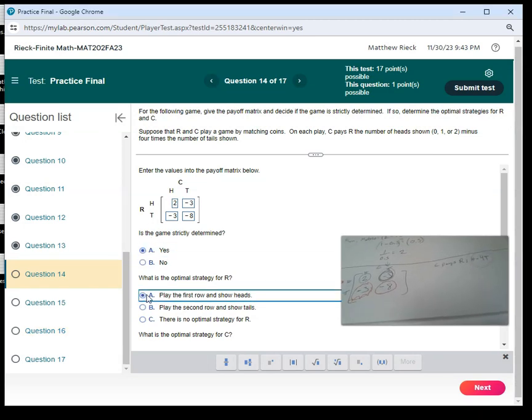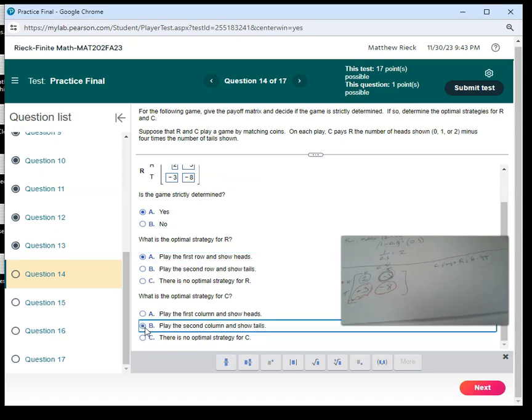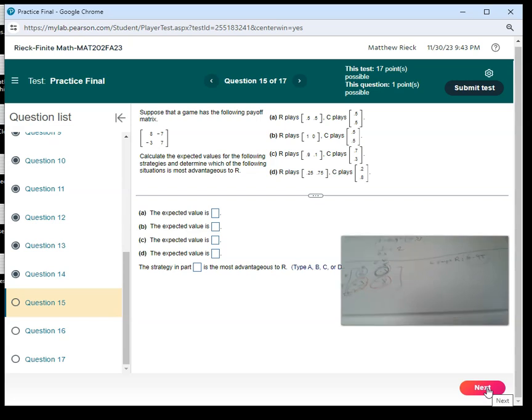So R should play the first row and show heads, and C should play the second column and show tails. If a game is not strictly determined, that's when you have mixed strategies taking place.